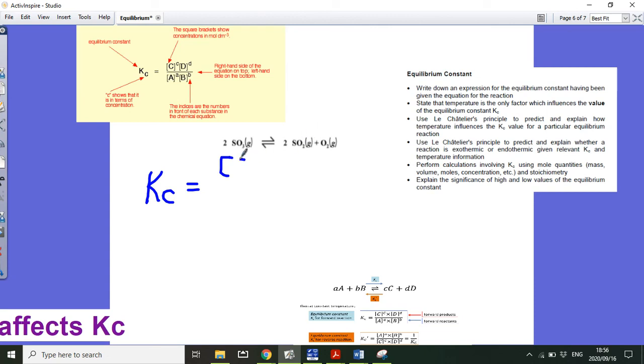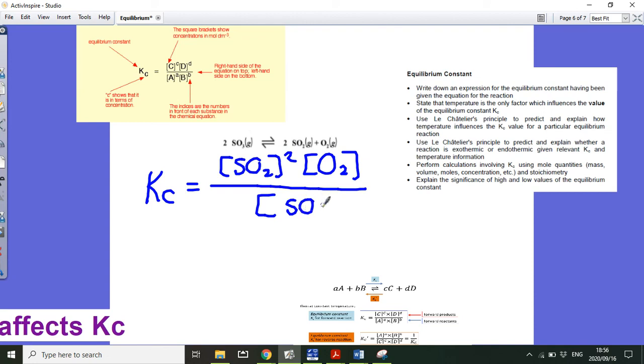So the first product is SO2. So concentration of SO2, square brackets, to the power 2 times, please times not plus, the concentration of O2, because it's a ratio, guys. Concentration of O2, and there's no coefficient because there's just a 1, over the concentration of my reactants, which is SO3 to the power 2.